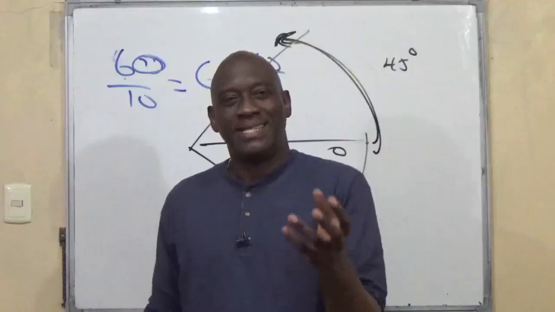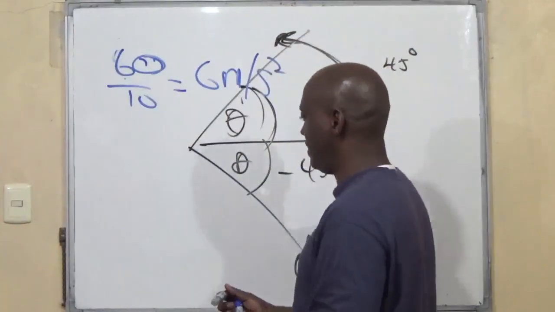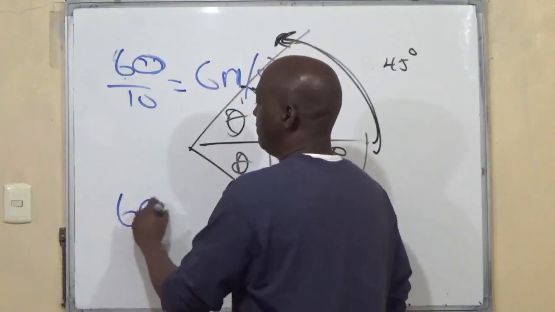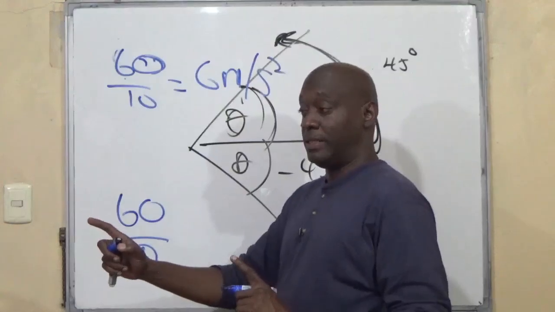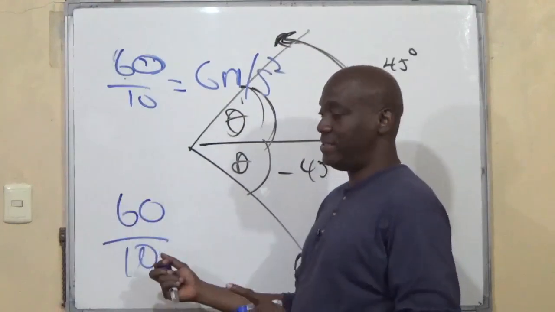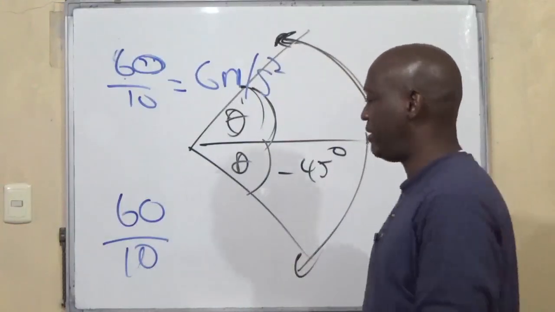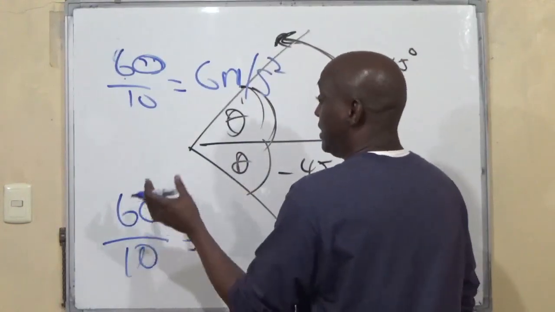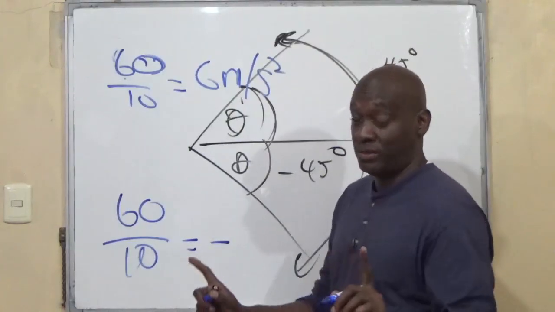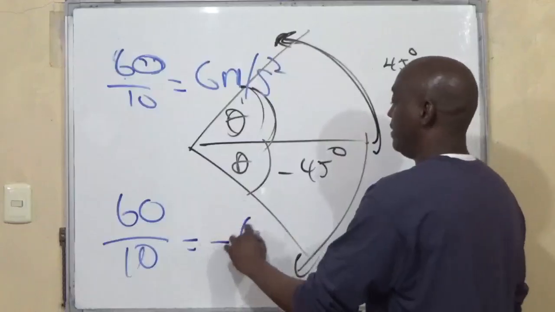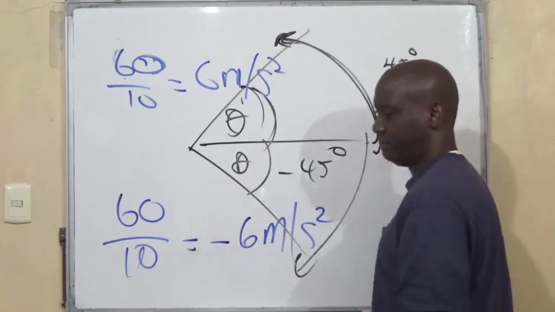In mathematics, that would be signified by a negative sign. So it's the same 60, but this time it is 60 going down, not 60 going up. This is 60 moving from 60 to 0, not 0 to 60. So without getting into the fine details of the arithmetic, if you're decreasing by 60 in the same 10 seconds, then your deceleration, note how I'm being careful with my words, would be minus 6.